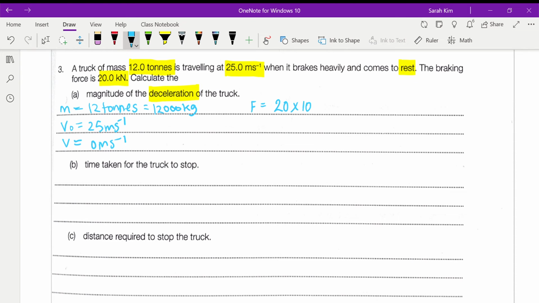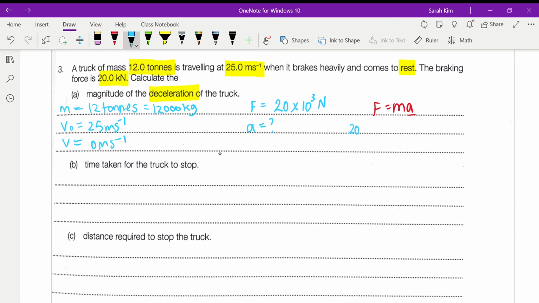Kilo is 10 to the power of 3, so this is how we write it, and we want to figure out the A. Well, obviously F equals ma is the equation we will be using, and we have to find A, so I'm going to rearrange that first.